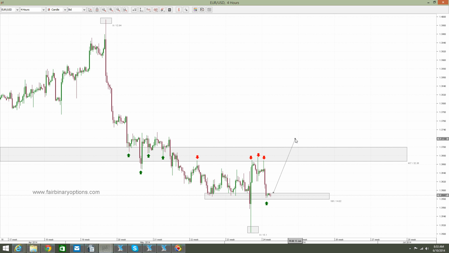I would like to see price going above 1.37 and then of course coming back into this area. Every dip into this area, I would like to buy call options, because this is resistance, and now the resistance should turn into support, or into strong support. So I would like, of course, to go and buy call options.